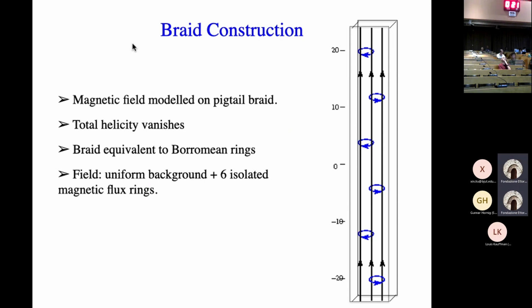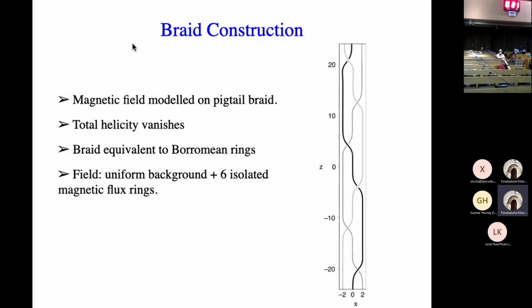These are finite regions in the domain where the field lines are twisted, and that generates, for at least 3 of these field lines, there are infinitely many in the domain, a braid, right? In this way, we kind of model our magnetic field on a braid.